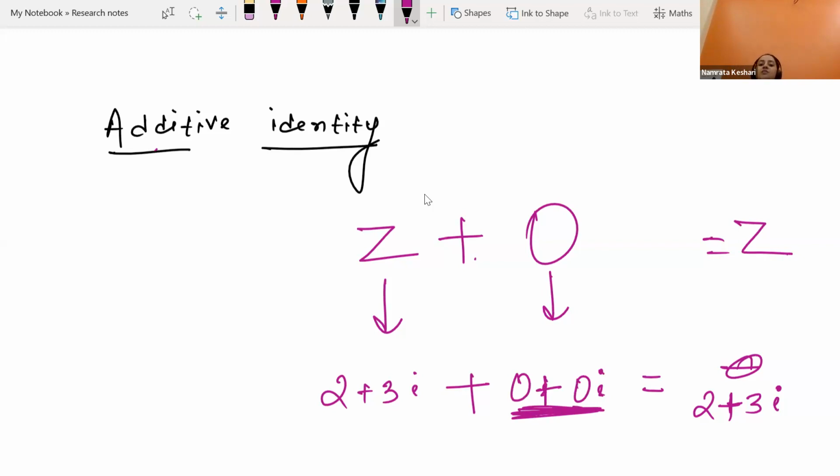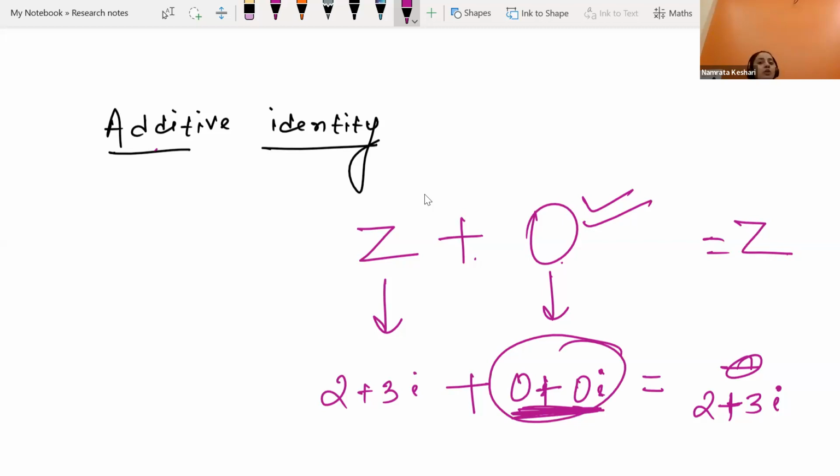That's why we say 0 plus 0i is the additive identity for any complex number. Rather than saying only 0, we also say that 0 plus 0i is a complex number, and this is the additive identity for any complex number. What is the meaning of additive identity?